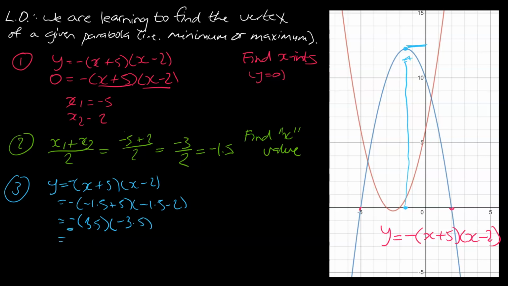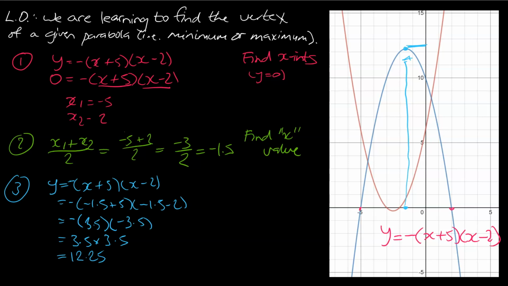And basically this minus sign and this minus sign again cancel each other out, because two negatives multiplied by each other become a positive. So we've got 3.5 times 3.5, which comes to 12.25. And to be honest, I did pause the video to double check that maths with the calculator.